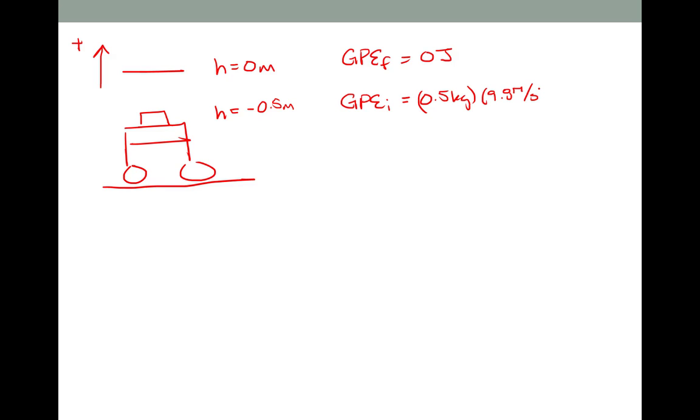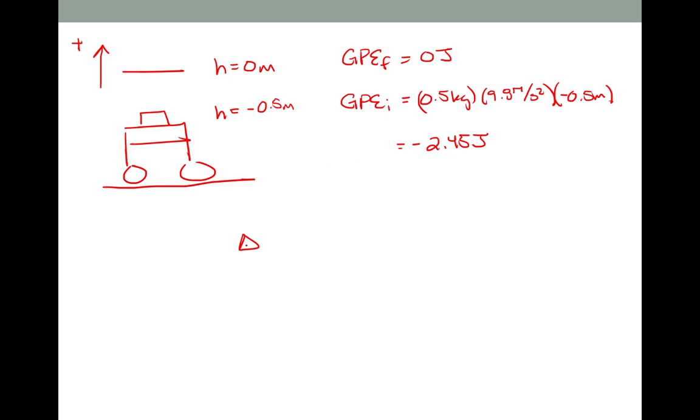Cart, bookshelf. I could put h equals 0 at the shelf, which means if up is positive, this is h equals negative 0.5 meters. My GPE final will be 0 joules. My GPE initial will be 0.5 kilograms times 9.8 meters per second squared times negative 0.5 meters, which is negative 2.45 joules.